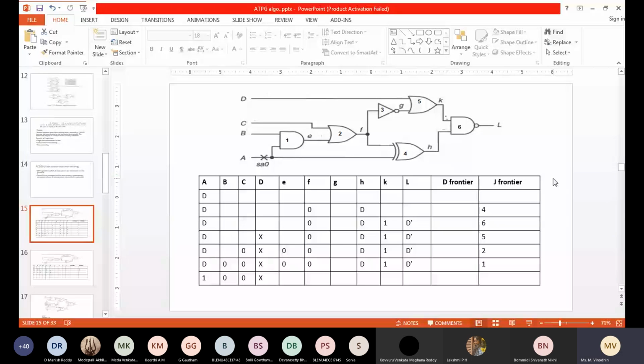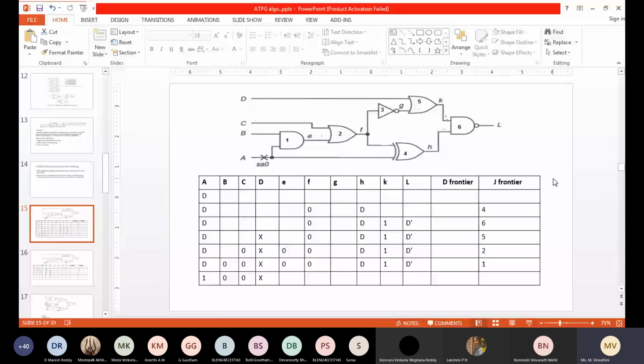For OR and NOR gates, the other inputs should be 0. Then line justification. If line justification fails in that particular path, you have to move on to the next path to get the test vector. This is what happens in the path sensitization method.